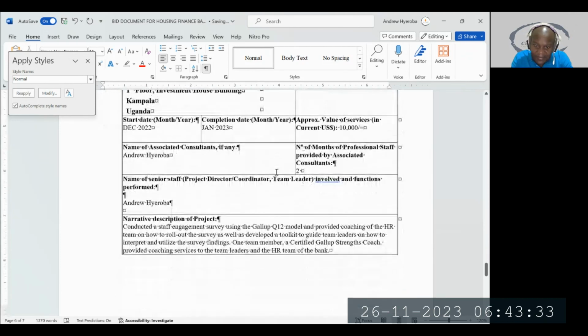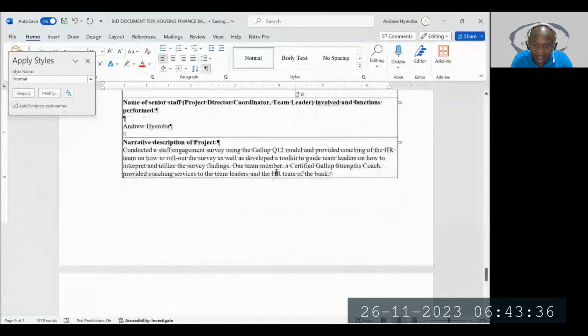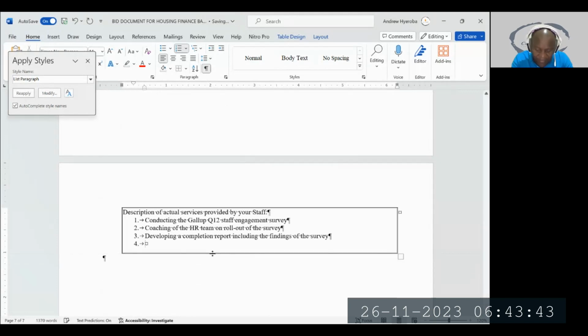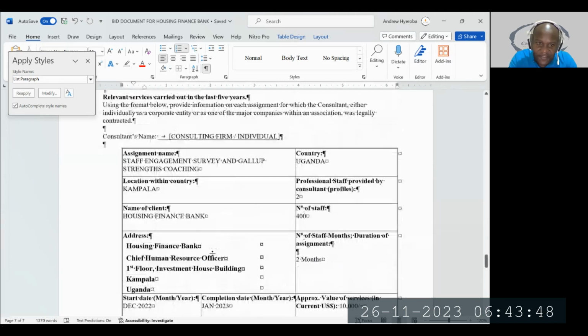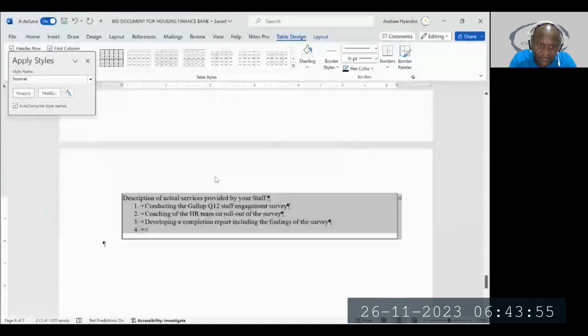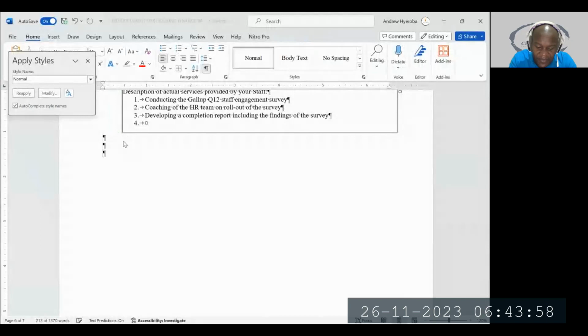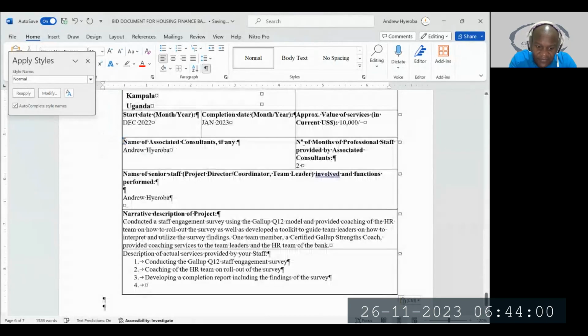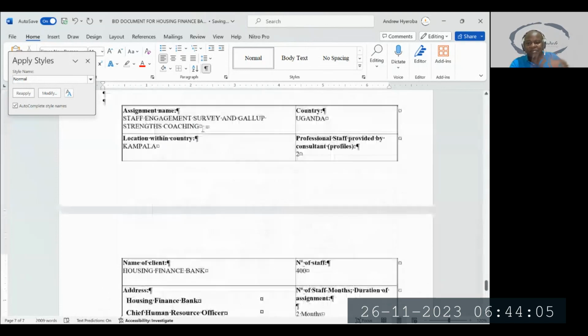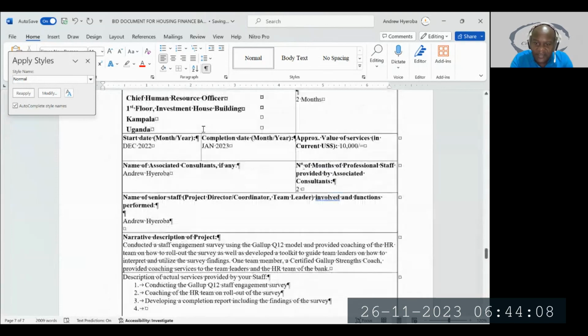And then I give that as an estimate, etc. So you're supposed to do this for all the gigs you carried out. If this is one and you're teaming up with consultants, then you copy and do about 3, 4, 5 of these, because for each of these, they might ask you for a reference. I'm just writing them there so that at the end of the day, when I come back and work with my colleagues, it will be easy.